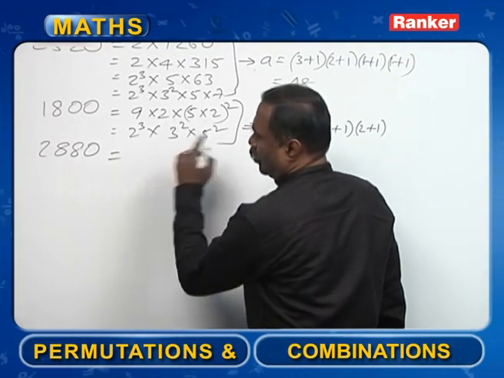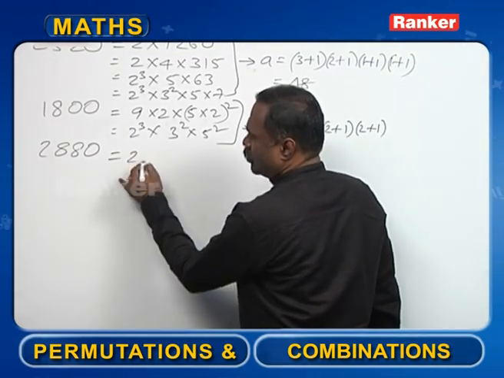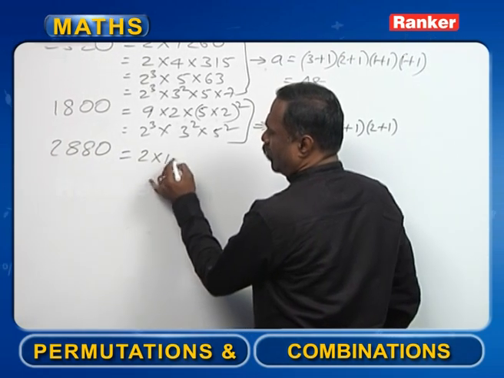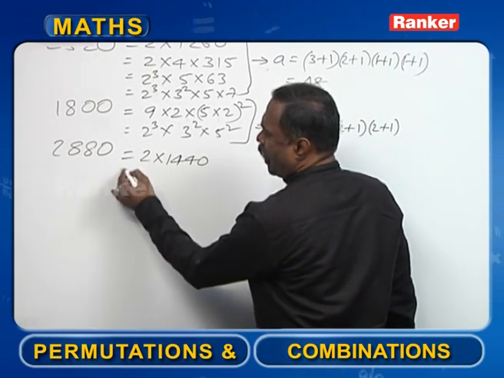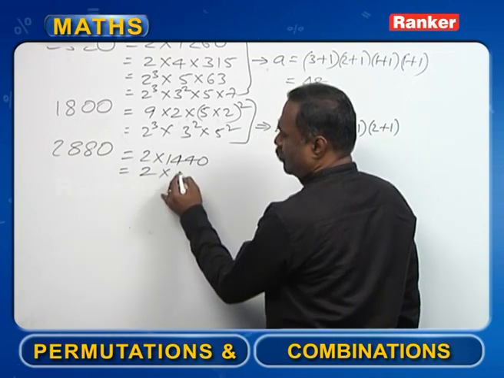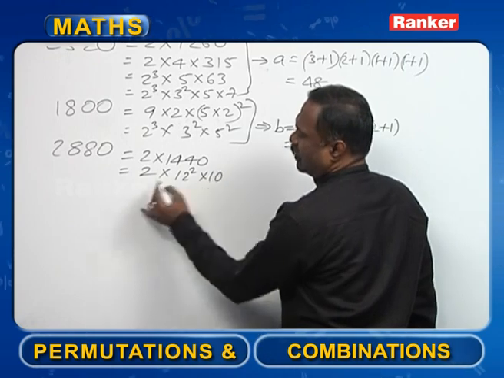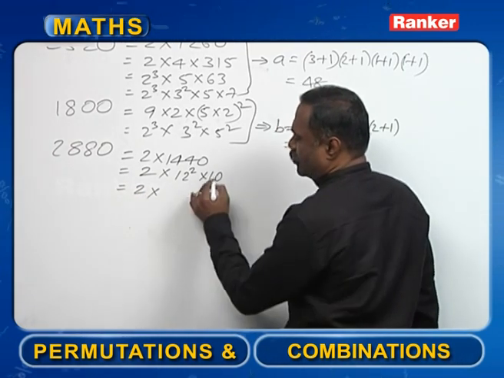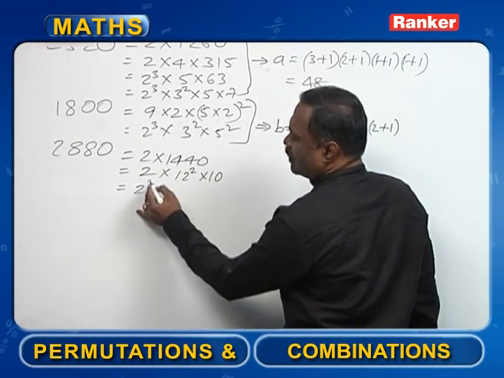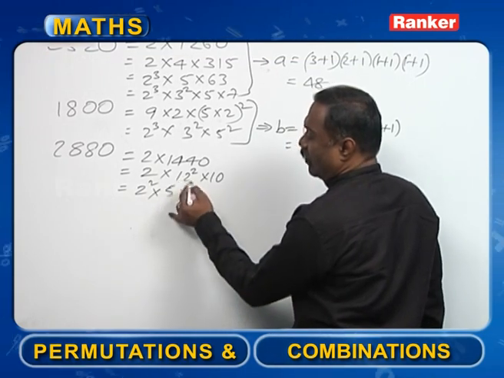Similarly, this one can also be written like this. This is 2 into 1440, and 1440 is 144 into 10, which can be written as 12 square into 10.